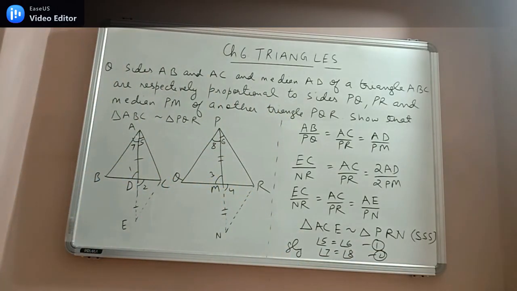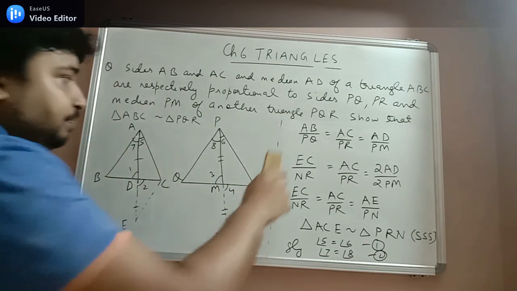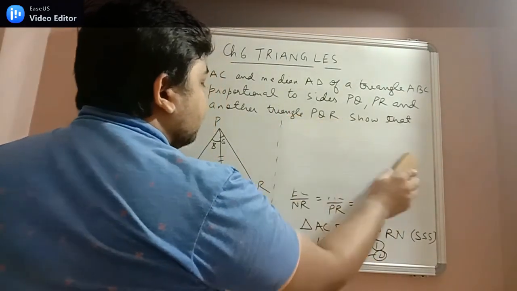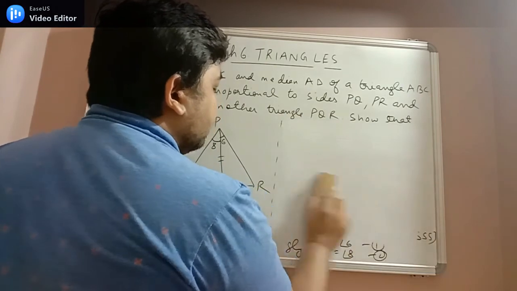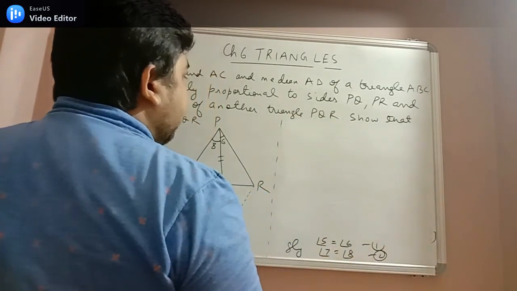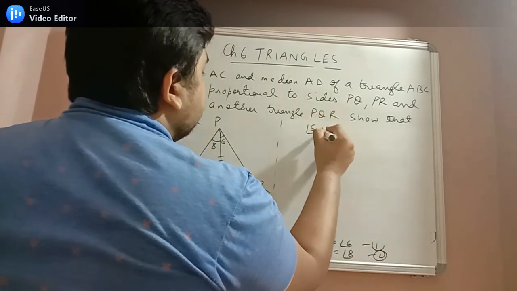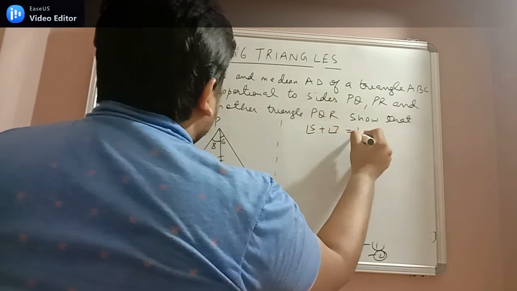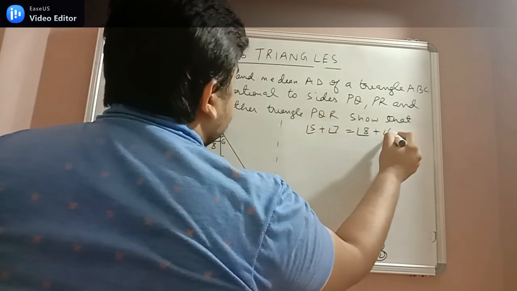Now let's add these two equations. On adding 1 and 2, I'll get angle 5 plus angle 7 equal to angle 8 plus angle 6.